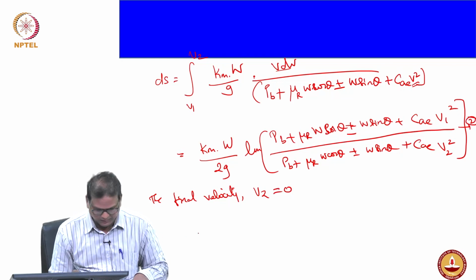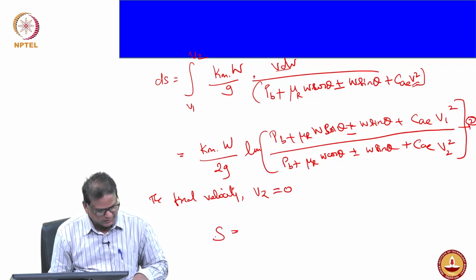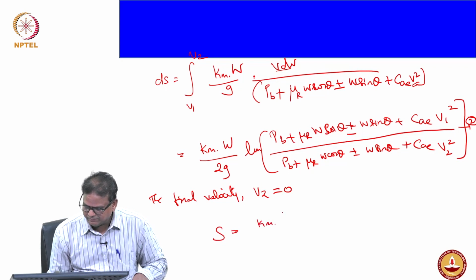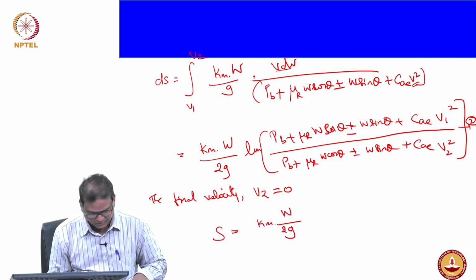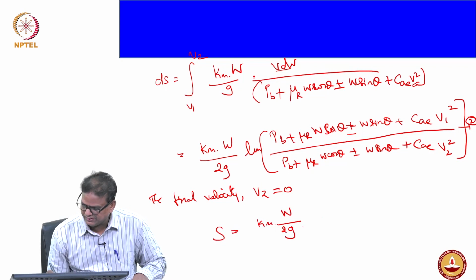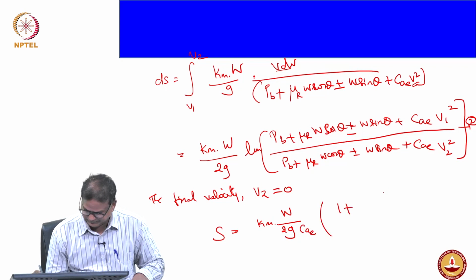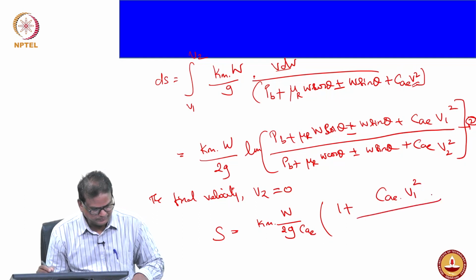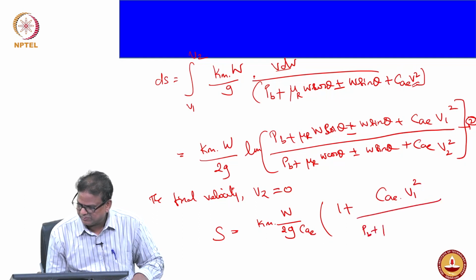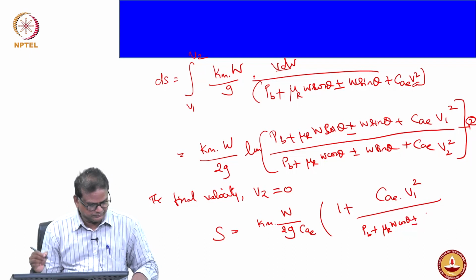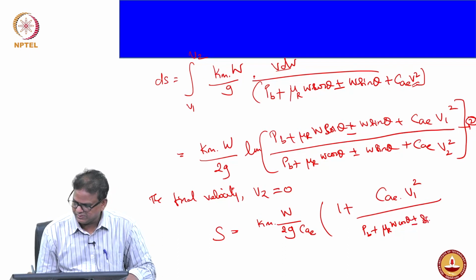You expect the stopping distance Km W by 2G CAE. This is also constant, right? I take it out and again simplify. Finally I expect Ln of 1 plus CAE V1 square divided by PB minus mu R W cos theta plus or minus W sin theta.